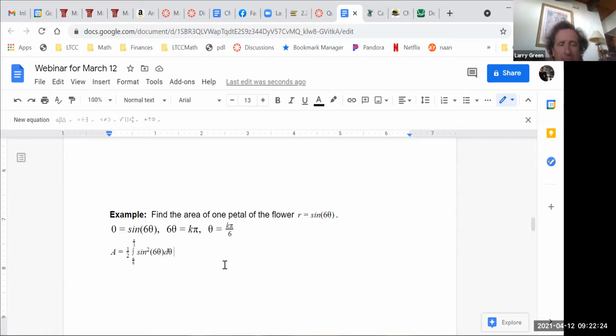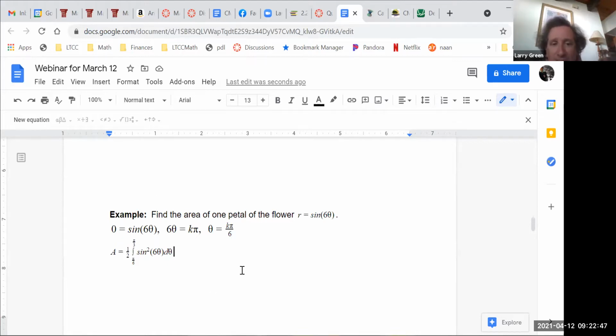Okay, I don't know if I'm going to waste your time unless you want me to integrate this. So you can use the half angle formula. Is probably the easiest way, and you end up with 1/4 times 1 minus the cosine of 12 theta over 2, and then integrate.